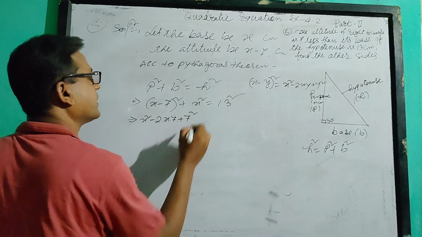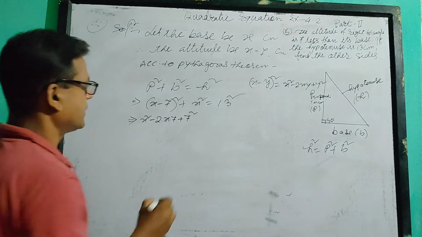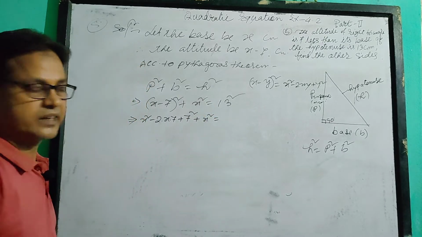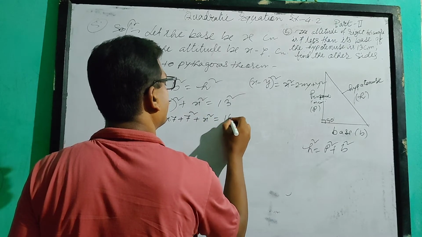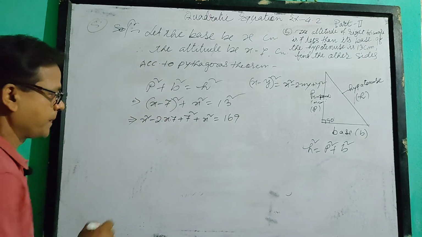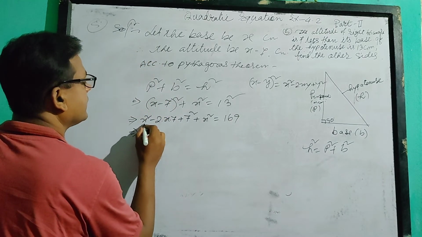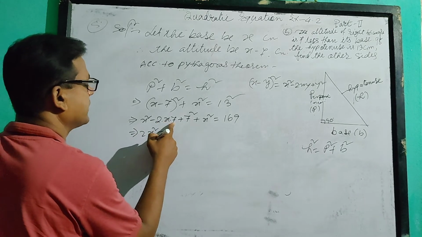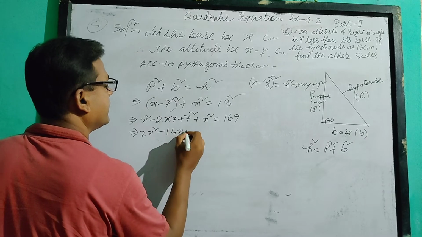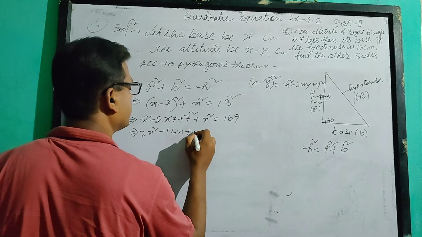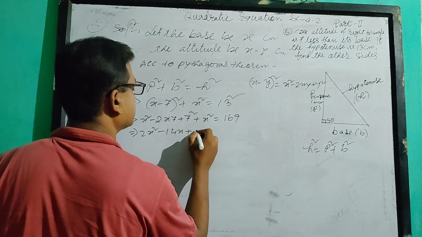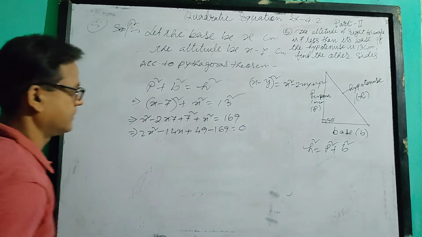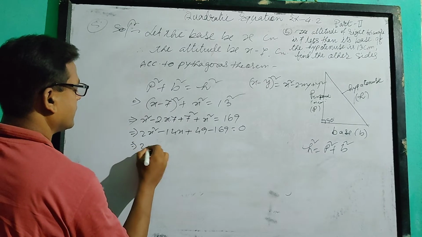So 7 square plus x square equals 13 square. 13 square is 169. Then x square plus x square, twice x square, minus 2 into 7 is 14x, plus 7 square means 49, minus 169.